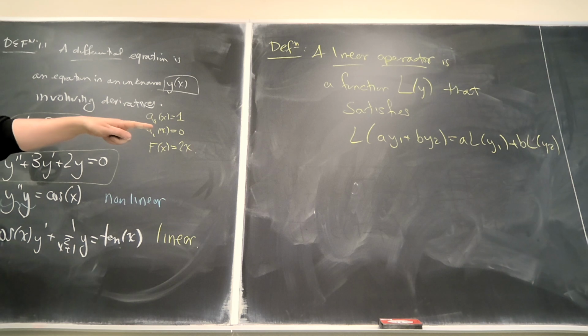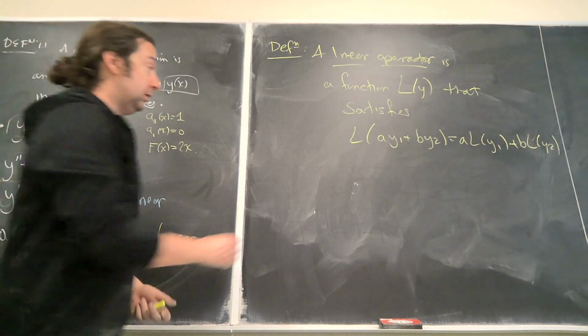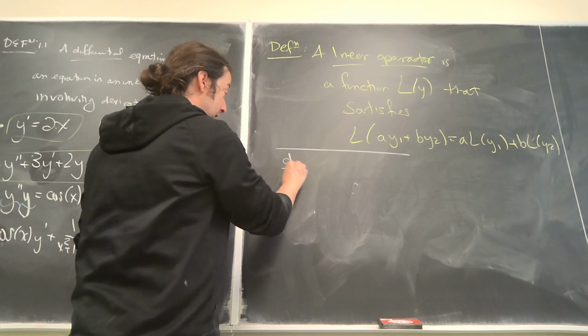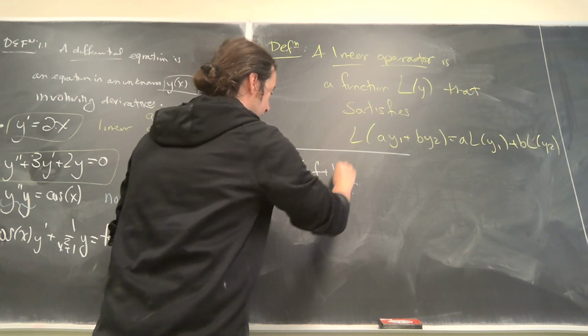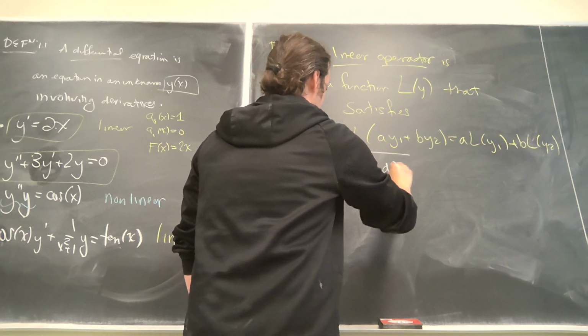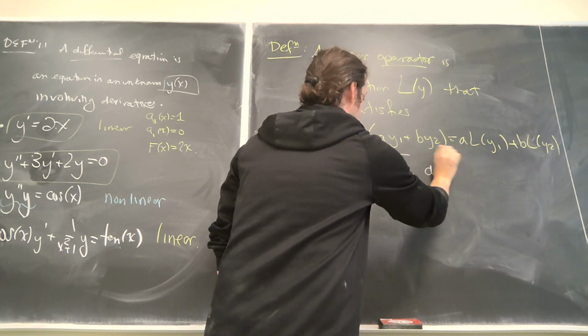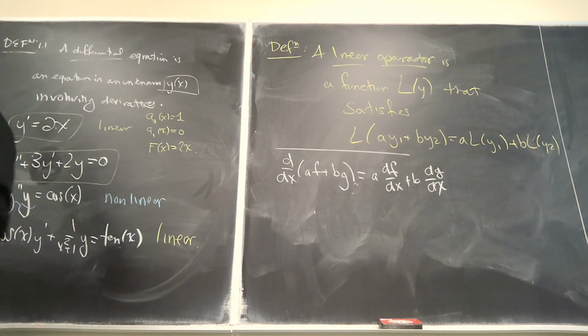You know two really important functions or actions on functions that already satisfy this rule. So when you learned your differential calculus, one of the first things you learned is that the derivative of af plus bg is equal to a times the derivative of f plus b times the derivative of g. Differentiation is a linear operator.